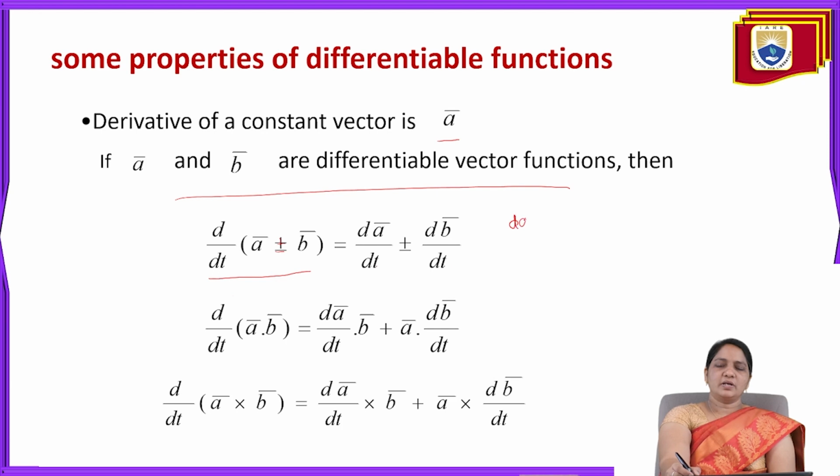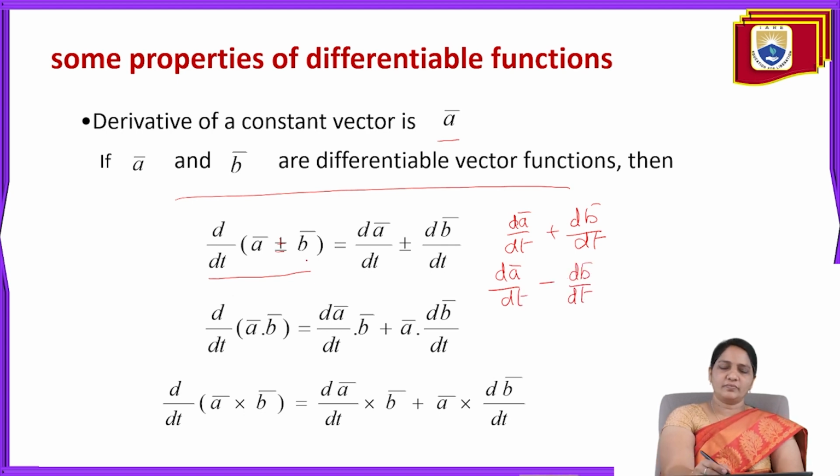So here dA bar by dt plus dB bar by dt, otherwise we can write dA bar by dt minus dB bar by dt. So here we are giving the formula for both addition and subtraction.